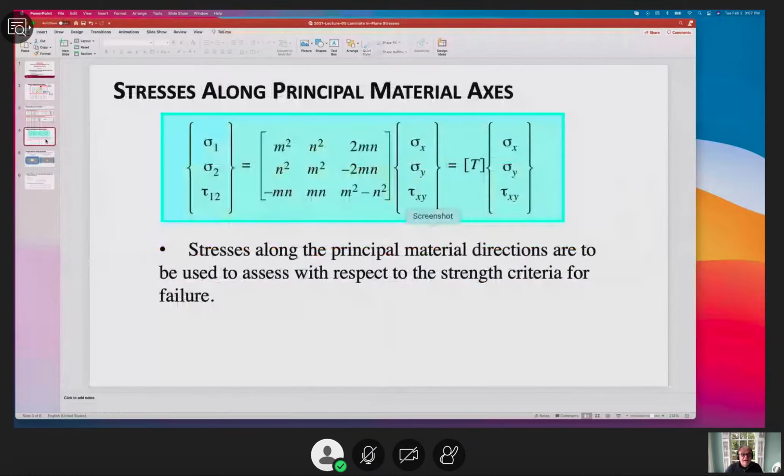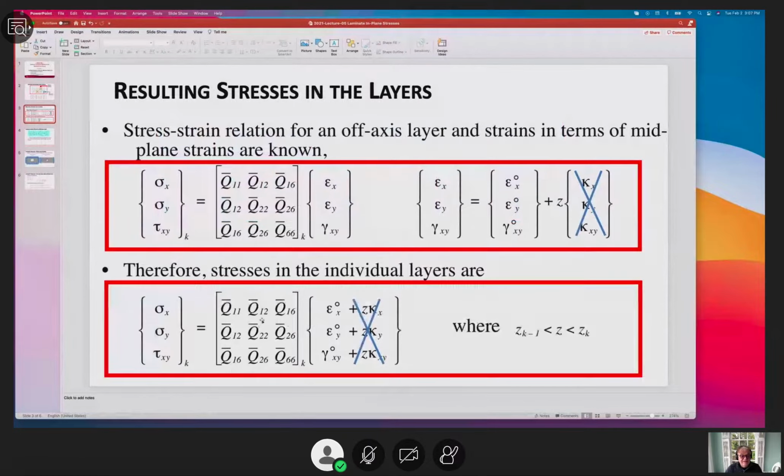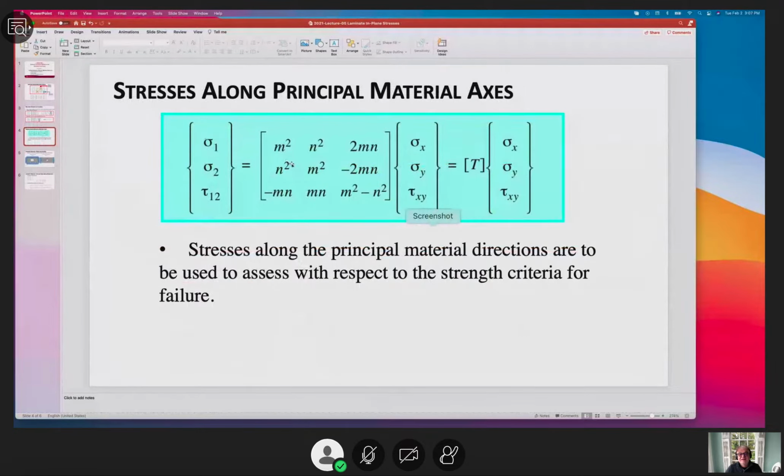Okay. Now, what I need to do, if I actually do this analysis and come up with sigma x, sigma y, tau x, y in the layer, or this, I can compute the other one. So one can be computed from the other one. And once I have the stresses in the xy, tau xy shear stress directions, then I need the stresses along the principal material directions.